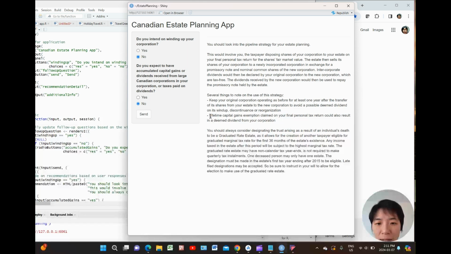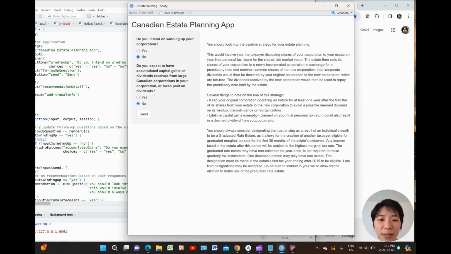And the lifetime capital gains exemption claimed on your final personal tax return could also result in a deemed dividend from your corporation. So deemed dividend is really the key word in this strategy. And to avoid them, you need to make sure these 2 points are taken care of, so that we can achieve maximum tax efficiency in this scenario.